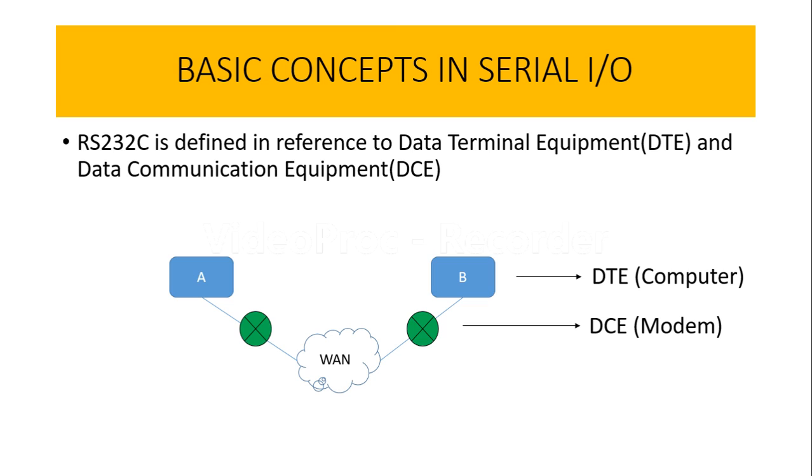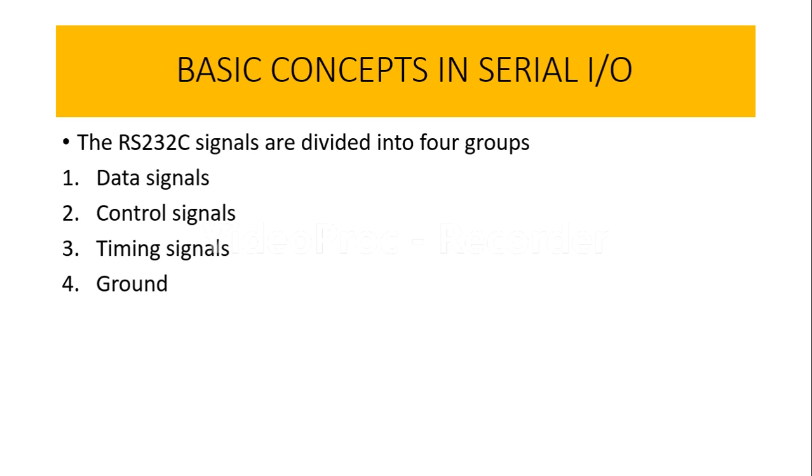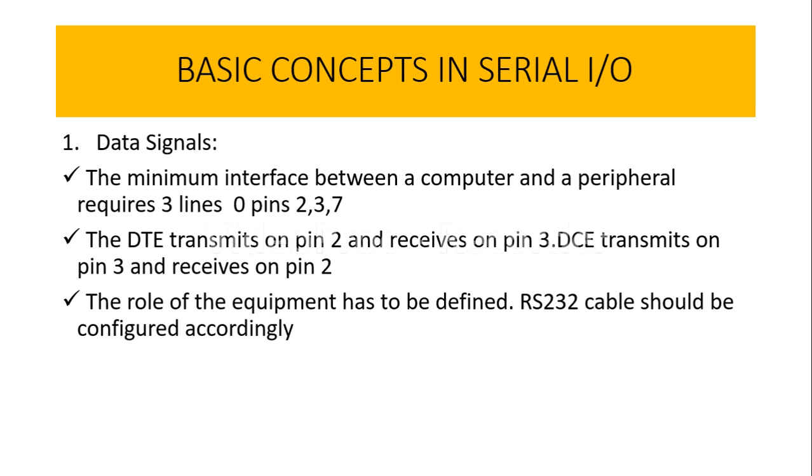This is the way in which there will be the data transfer whenever we are transferring the data in the form of voltage. And when we talk about the RS232C signals, we can divide the signals into four groups: the data signals, the control signals, the timing signals, as well as the ground. As far as the data signals are concerned, we use the voltage level of +3 to +15 volt for logic 0 and -3 volt to -15 volt for logic 1.